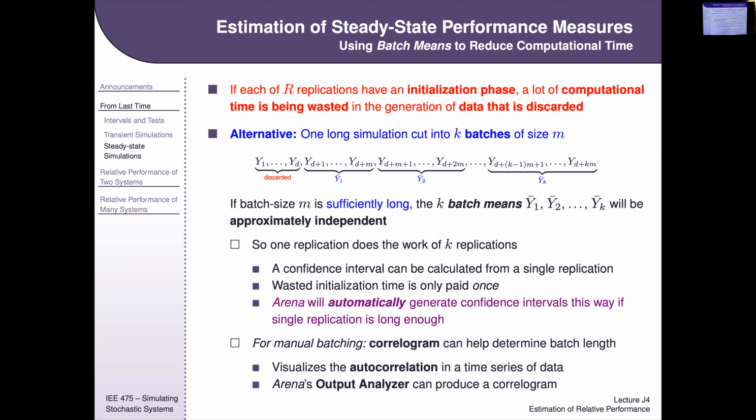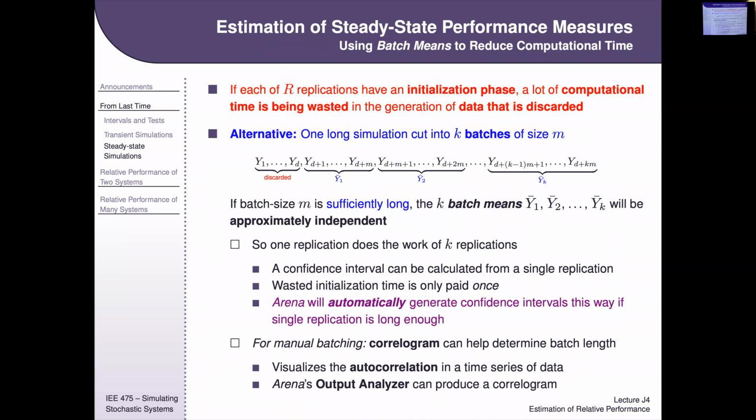So that's something you can look at as an alternative. You can always try with Arena making your replications longer and longer until it generates a confidence interval, and that's an alternative to running multiple replications. So that is another trick that is frequently used, the so-called batching trick, where you only have to pay the initialization cost once.